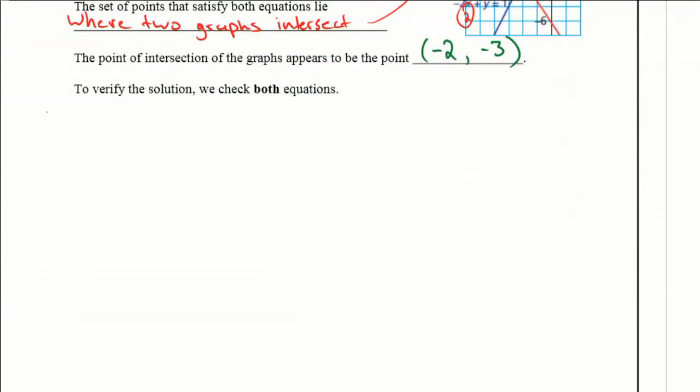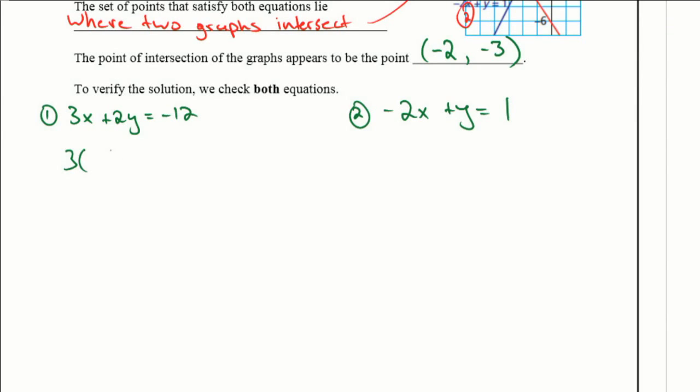The first equation we had was 3x plus 2y is equal to -12. And the second equation that we had was -2x plus y is equal to 1. So what we want to do is put our point into the equation.